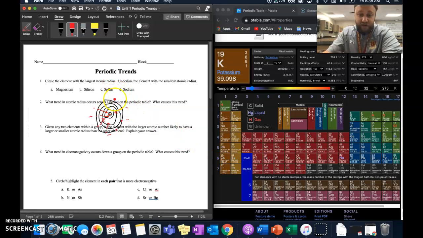So what's going to be our largest atom will end up being sodium, just because it is the closest one to francium. And if you guys notice, these are all on the same period. So sodium would be the largest, it's closest to francium, and then sulfur would be the smallest because it's furthest down the period.